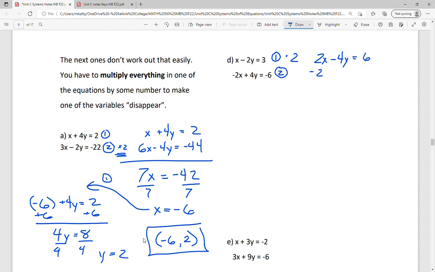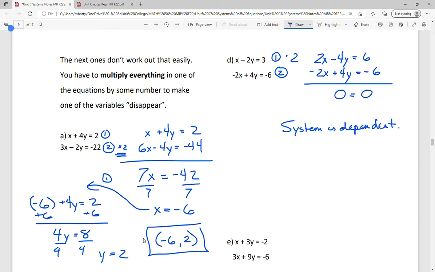I'm going to copy out that second equation. And now I'm going to add these vertically. If I add them vertically, I get a whole lot of zeros equaling zeros. That is a line of truth. That tells me that my system is dependent. It's really pretty easy to please because there's actually an infinite number of solutions.